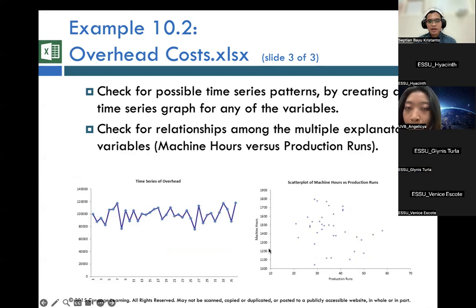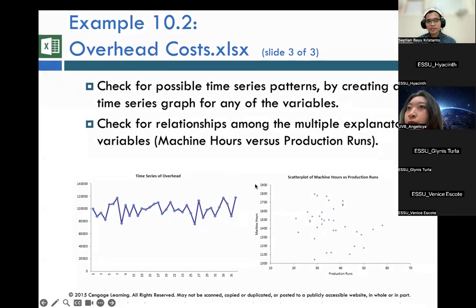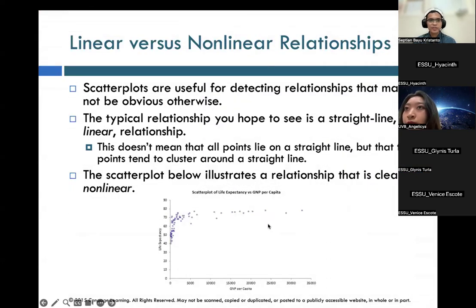This is how we learn about the patterns in graphical presentations. So how about this one? This is the kind of non-linear relationship. When you see information like this in the graphical charts, we can detect whether this one is maybe a straight line, or linear.